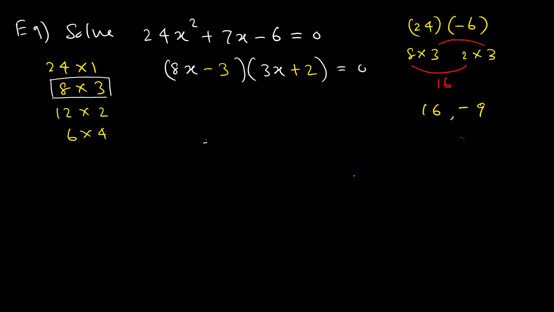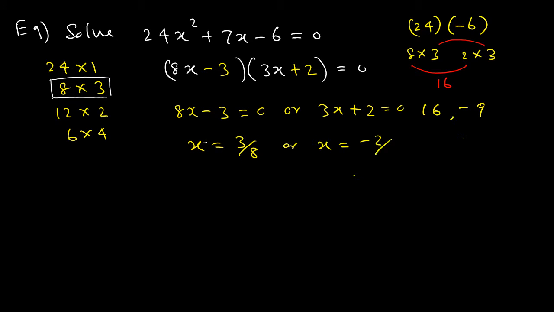And after that, we know what to do. We're going to set them equal to 0. So we have 8x minus 3 equal to 0, or 3x plus 2 equal to 0. And to solve this one, we're going to move 3 to the other side and divide by 8. So that means x equals 3 over 8, or x equals -2 over 3.